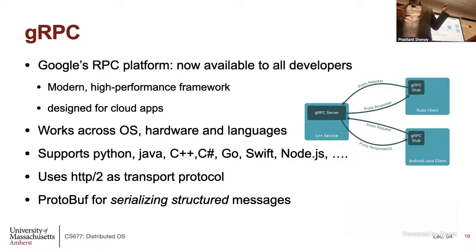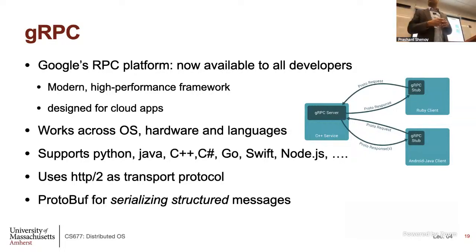Everything I showed you previously, the client and the server had to be written in the same language. They didn't have to run on the same type of hardware. You could run the server on Windows and the client on Linux and so on, but at least the language was the same. This also provides language independence, which allows different clients written in different languages to talk to a server.